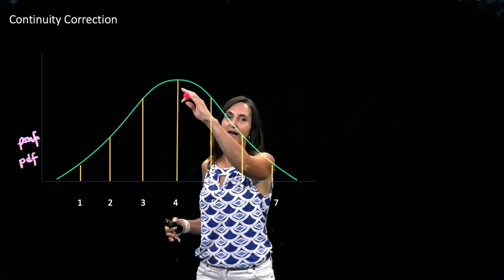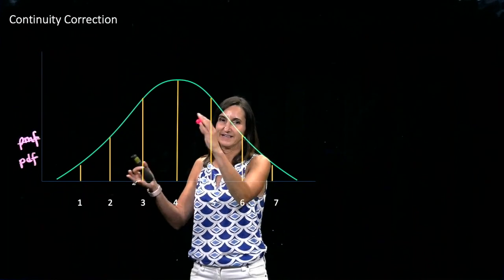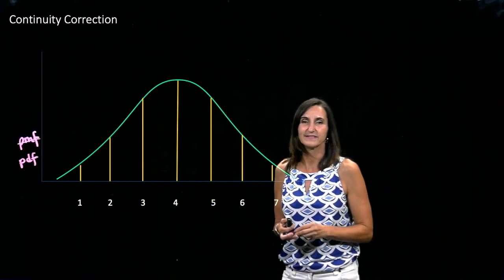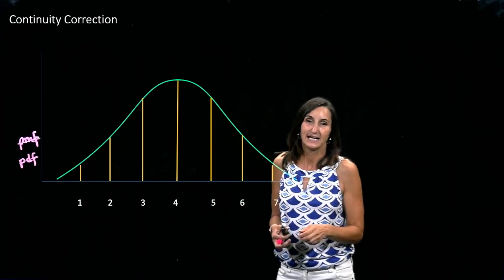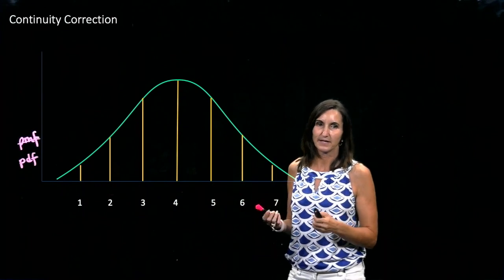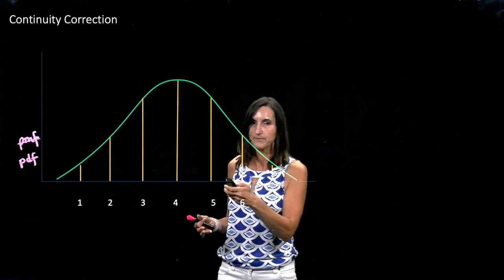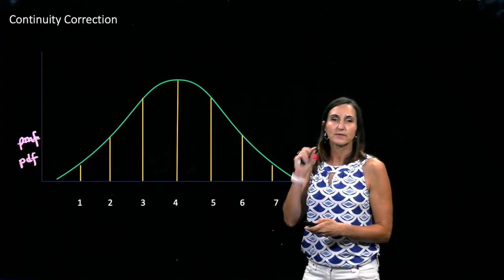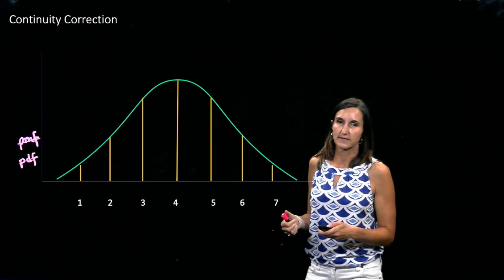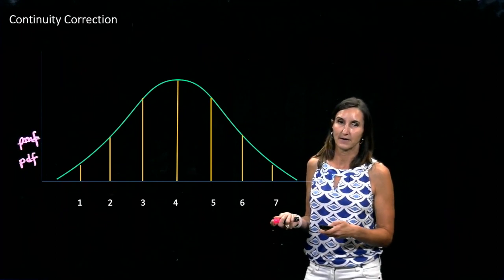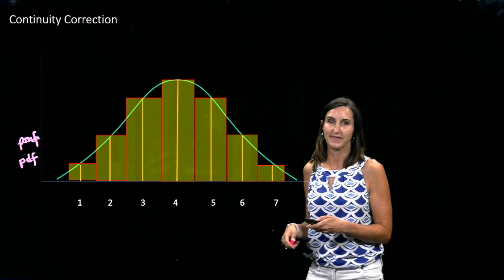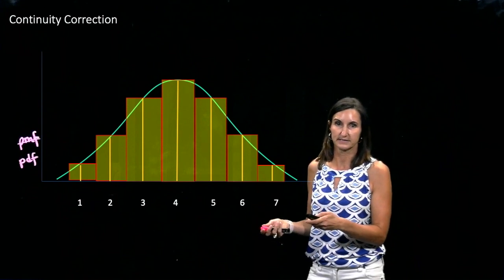Those points on the curve that are high represent points of high probability. But remember, when I'm looking at a continuous distribution function, I'm looking at areas, not just a point. So we're really concerned about areas under the curve, so we have to estimate our discrete distribution function with areas, and we can do so like this.